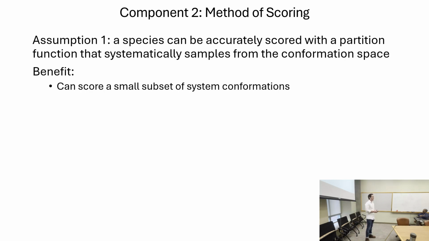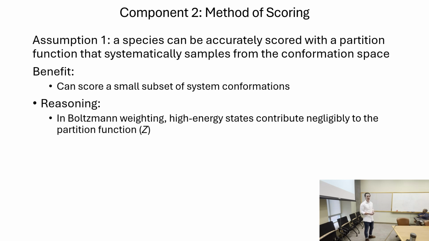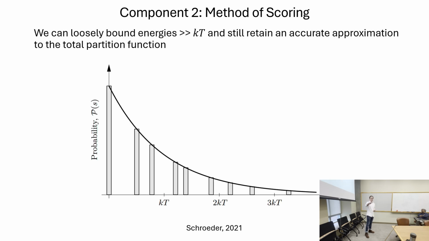One of the benefits, as we talked about in one of the earlier slides, is we can just sample a subset. There's a thermodynamic basis for this: in Boltzmann weighting, these high energy states contribute negligibly to the partition function. Let's look at that visually, because it can be hard to visualize.